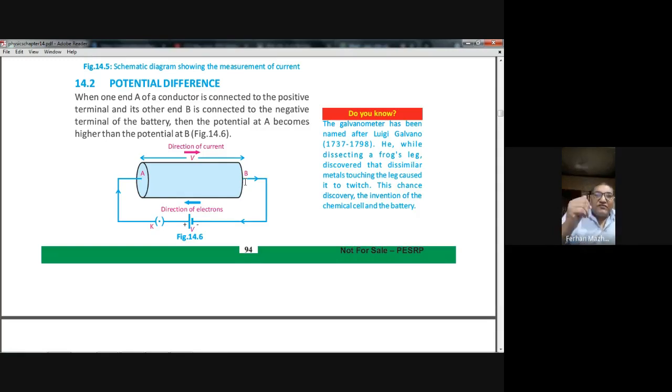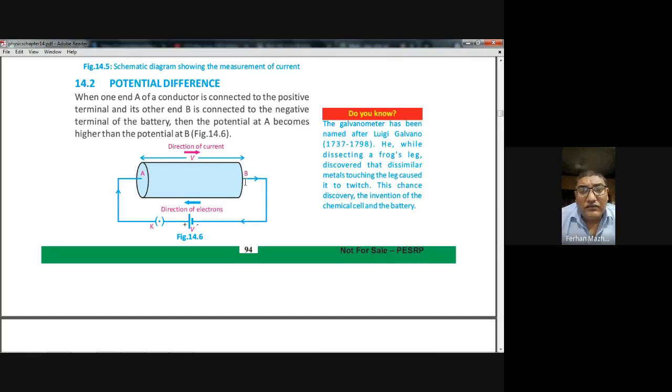Let me do another example. For example, I say, okay, let's say 15 joule energy is converted from electric to other form, and during that, suppose 3 coulomb charge has flown.